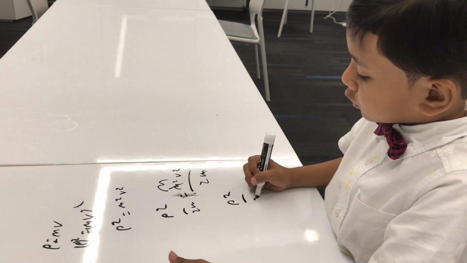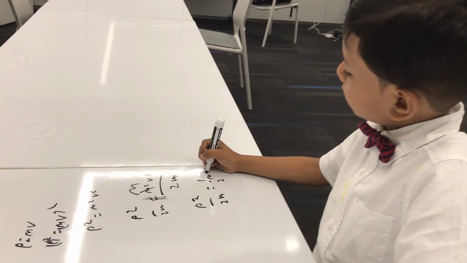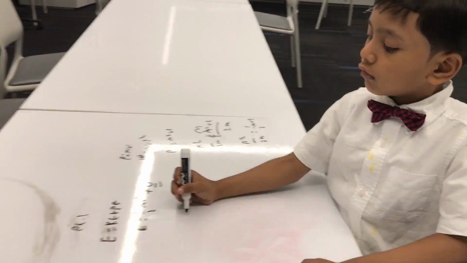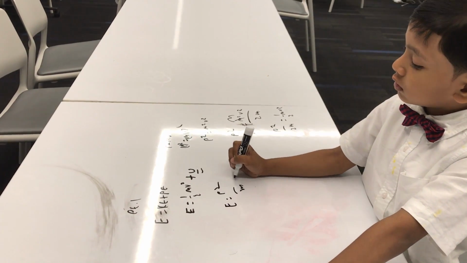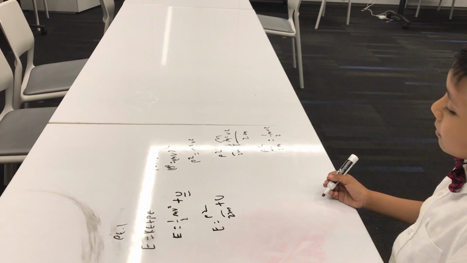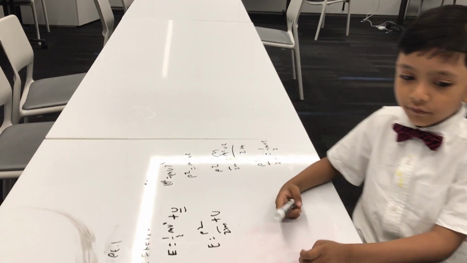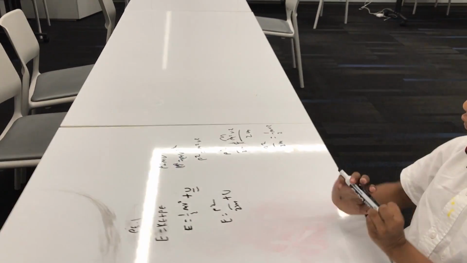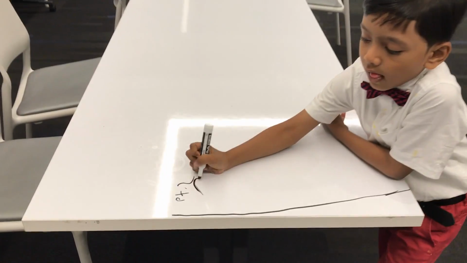So p squared over 2m is half mv squared. So E is p squared over 2m plus U. Now basically we're using all the substitutes we could find. Okay, so now that part 1 is done, let's do part 2.